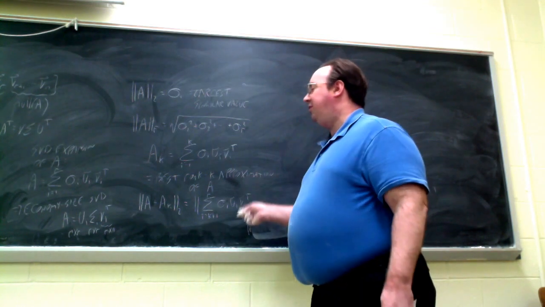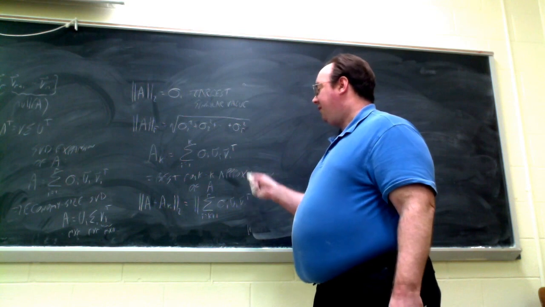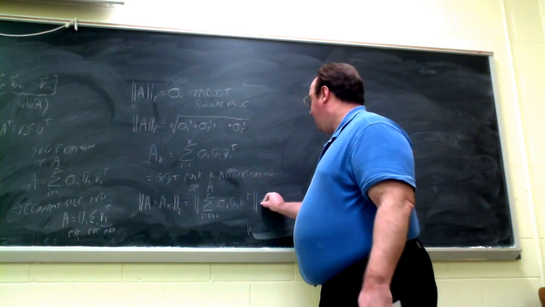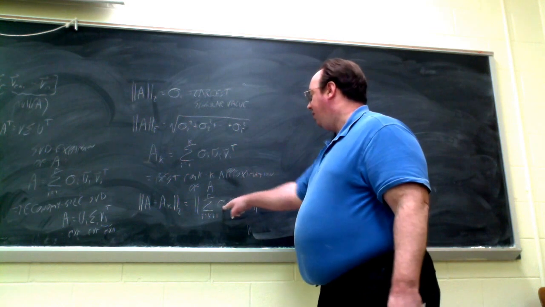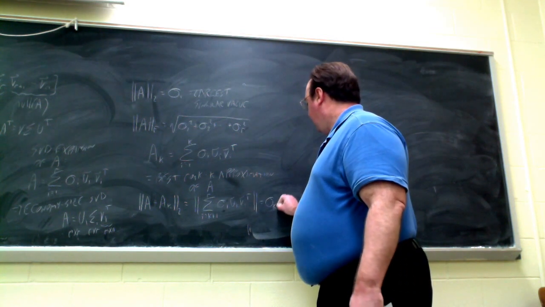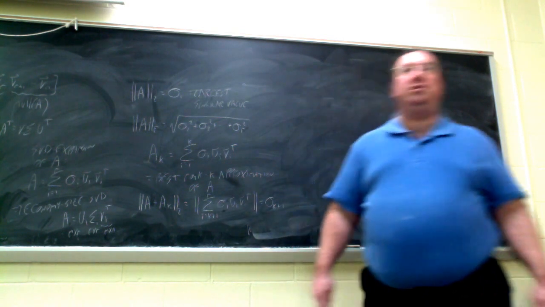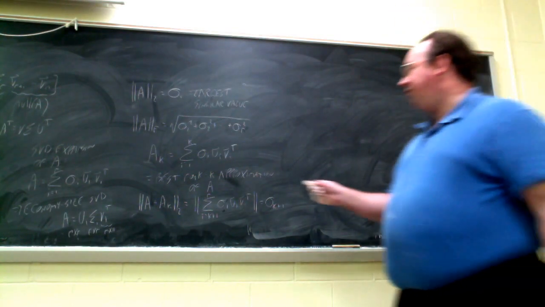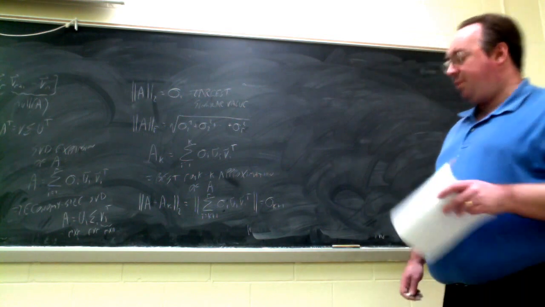But these describe a singular value decomposition of the error. The largest singular value is going to be the first one that's actually included in the sum, sigma k plus 1. And it can be shown that that is the smallest error in a 2 norm sense that you can hope for.